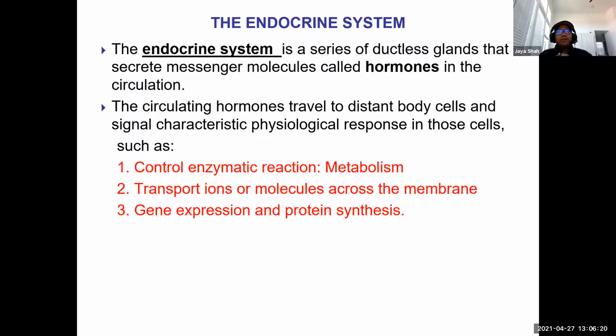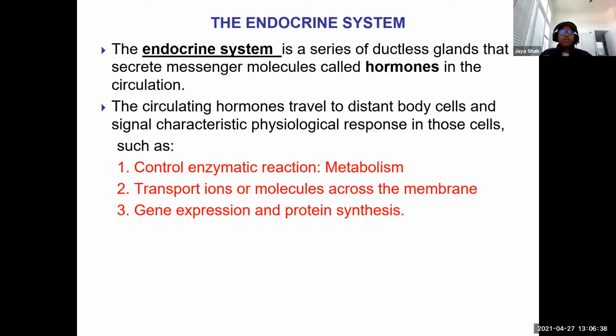And the glands with the duct, which are exocrine glands, produce their secretion products and transport them through the duct to the body surface. Whereas endocrine glands, which are inside the tissue, don't have ducts.